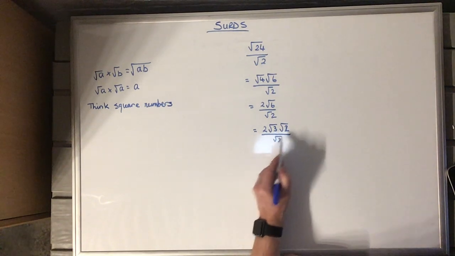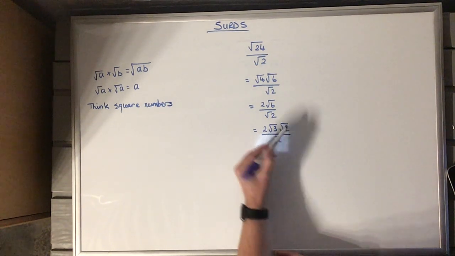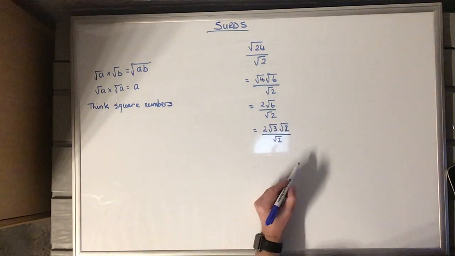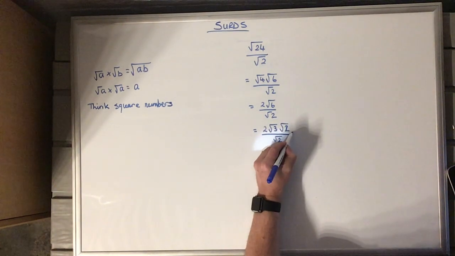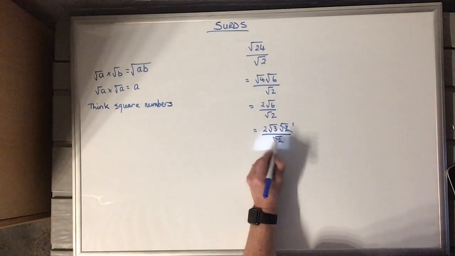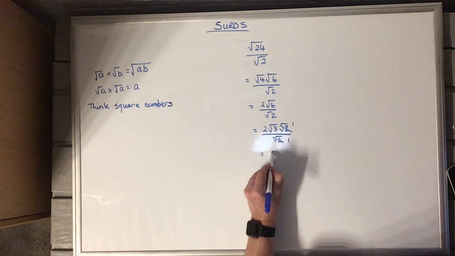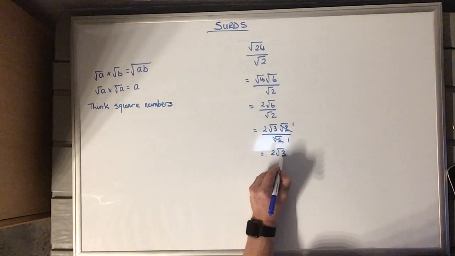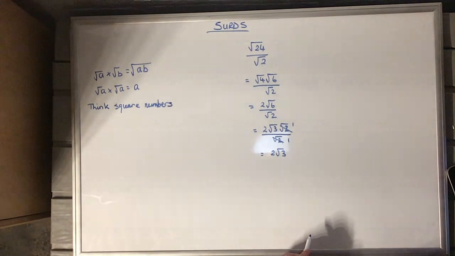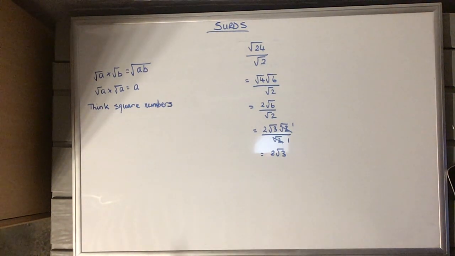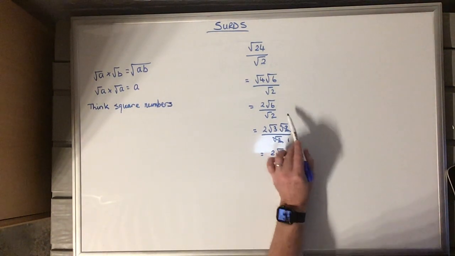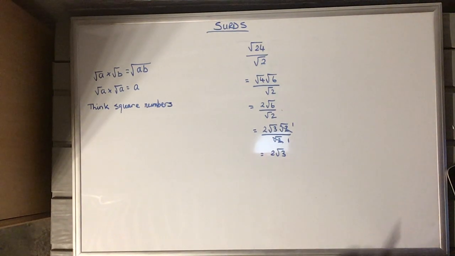And because it's products and quotients, i.e. multiplication and division, we can cancel down. So root 2 into root 2 goes once, root 2 into root 2 goes once, so we have 2 root 3 over 1, which is simply 2 root 3. And that's it, simplified as much as possible. A lot of people would leave it at that point there. You get some marks, but it can go a wee bit further, you can simplify it a wee bit more.